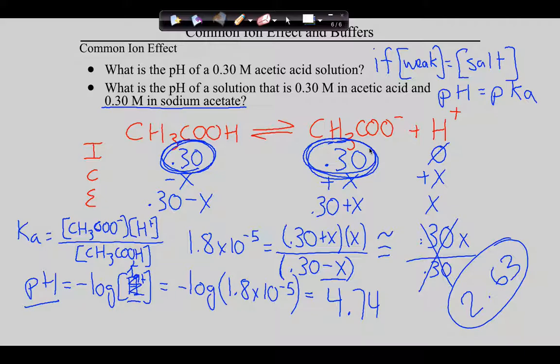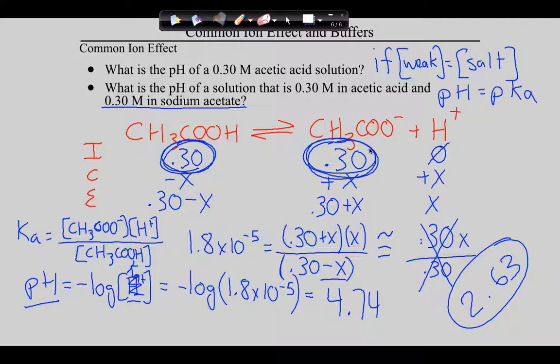What do we do? Well, we grab a pKa table and we find a weak acid with a pKa of 5. Then we go grab the bottle of that weak acid, find a salt that shares an ion in common, create a solution where the molarities are the same, and we just made pH 5.